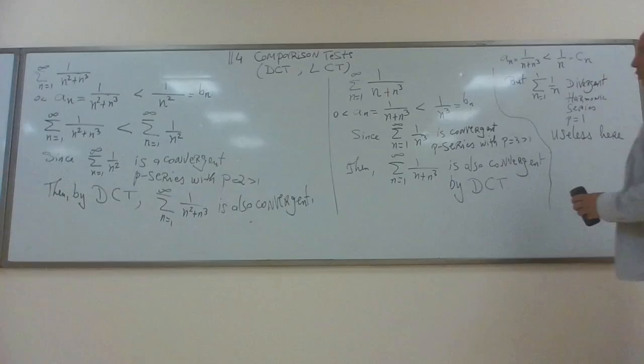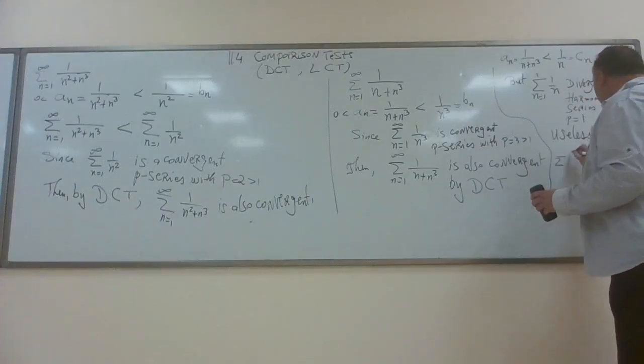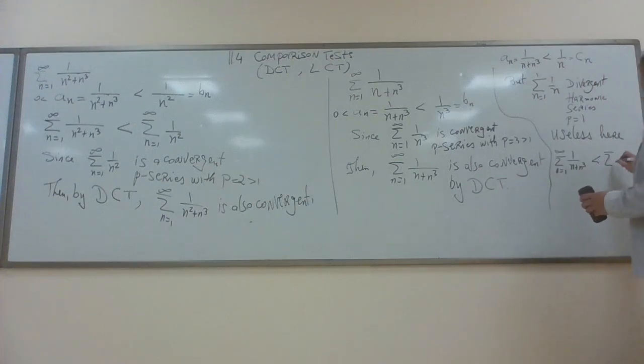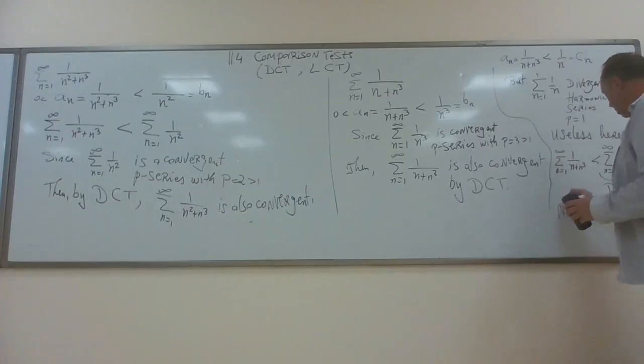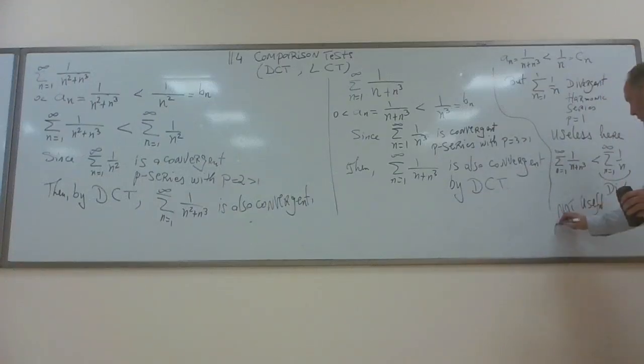So this is totally useless because all we have is smaller series here. This is smaller than something divergent. So this is not helpful. So this is divergent, not useful. We cannot conclude anything about this series.